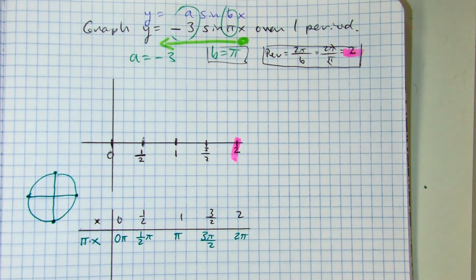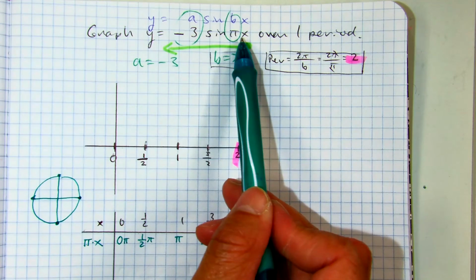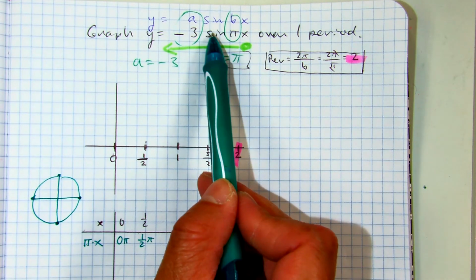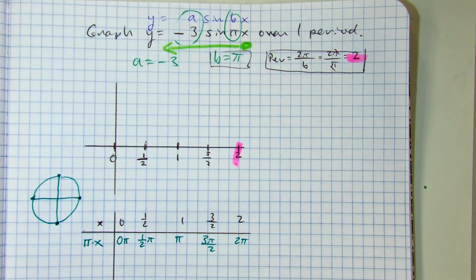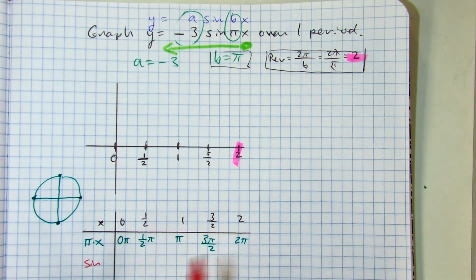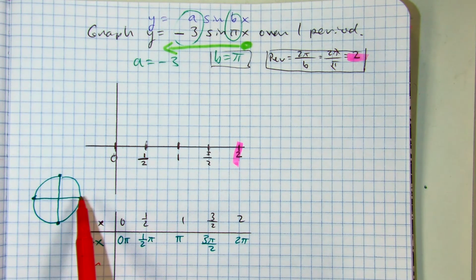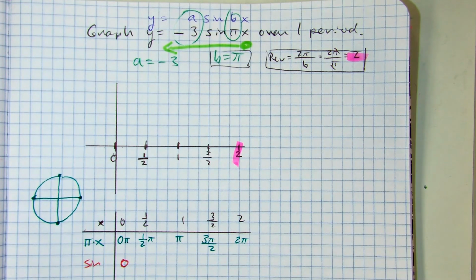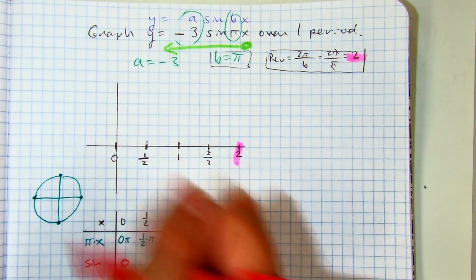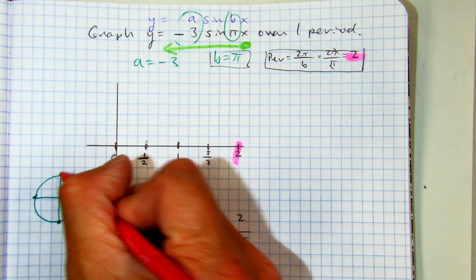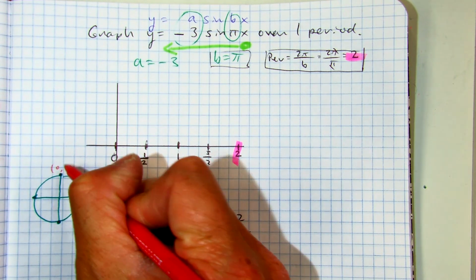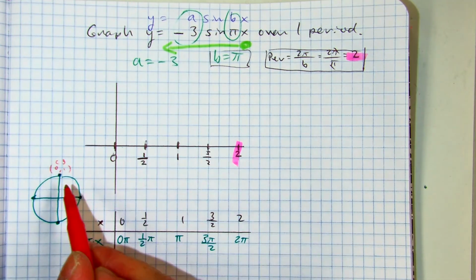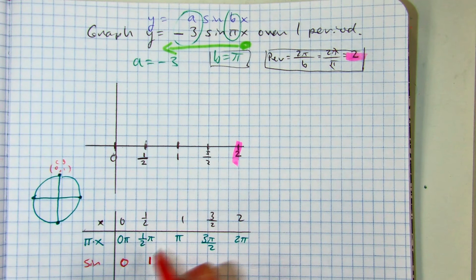Okay. I have the x's. We multiply by pi. Now we're going to evaluate at sine. Class, what is sine at 0 pi? 0. What is sine at pi over 2? Remember the ordered pairs, right? Sine is 1. Class, what is sine at pi?